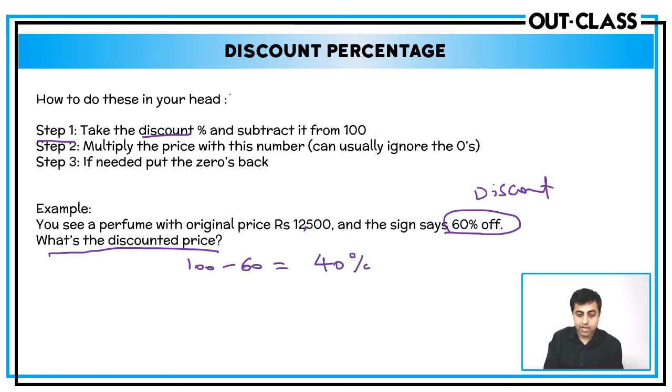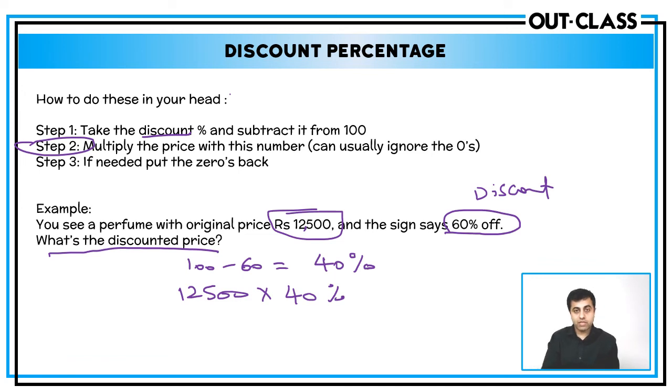Okay, that's fine. Step number two, now that you have this 40%, you just have to multiply this with the original price. So I would do 12,500 times 40%. Now this is where people say, how can I do this in my head? And the trick is you just start ignoring the zeros, and obviously not ignoring, but what that means is if I was doing this on paper, I would write this as 40 over 100, right? And so notice that these zeros would all get cancelled.